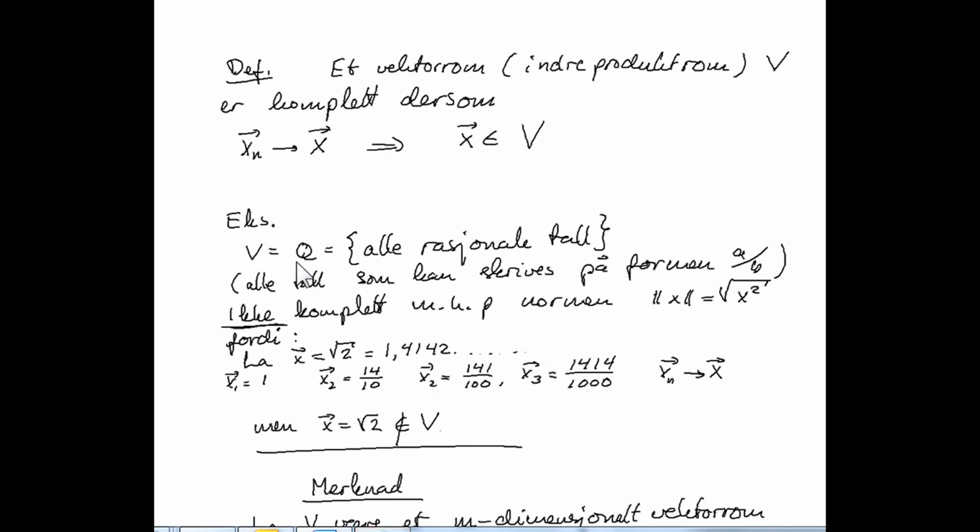if V is equal to the set of all rational numbers, called capital Q, note that rational numbers are the numbers which are of the form a over b, then this space is not complete with respect to the norm given by this.